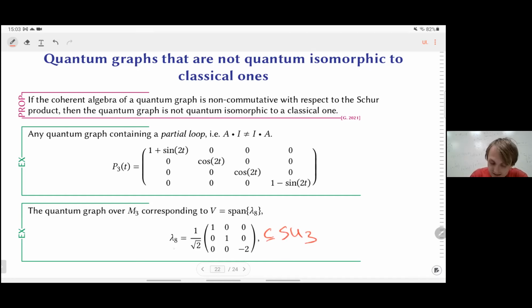If you take the adjacency matrix corresponding to this SU3 element and compute A squared, so composing it with itself, and then use the Schur product, then this is not the same as this thing. So the coherent algebra is non-commutative with respect to the Schur product. And again, you can show this is a simple graph, so there is no cheating with those loops. So this is a simple graph which is not quantum isomorphic to a classical one.